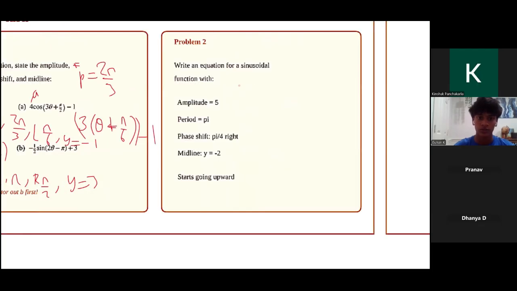Finally, sinusoidal function with this. So amplitude equals 5. So right away, I know our a value equals 5. So I can write that down right away. 5 sine. And then period equals pi. Remember, period, which is pi, equals 2 pi divided by b value. So our b value must equal 2 pi over pi, which means our b value is 2.